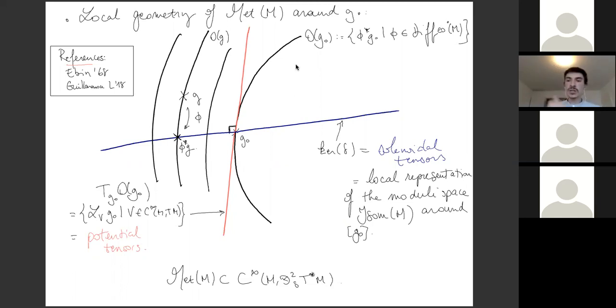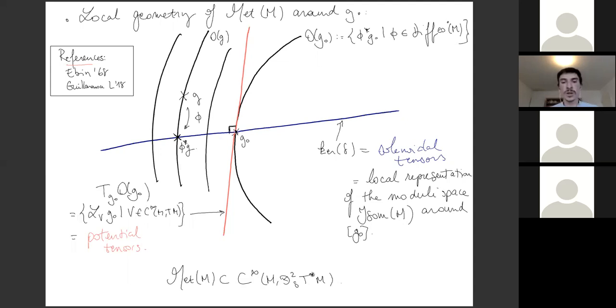Now, the tangent plane to this orbit, in red, is precisely equal to all the Lie derivatives of the metric G0. So it's all the symmetric two tensors of the form L_V of G0, the Lie derivative in the direction V, where V is a vector field, of the metric G0. These symmetric two tensors are called potential tensors.